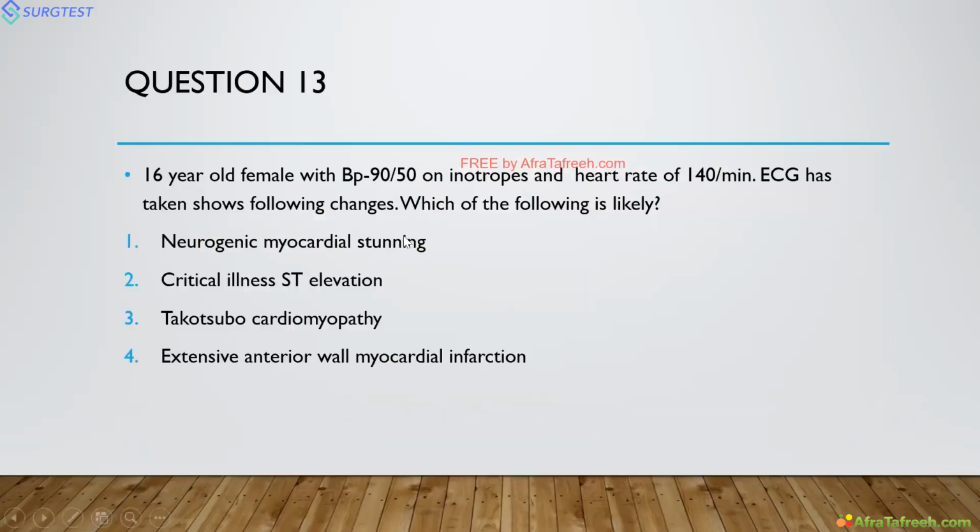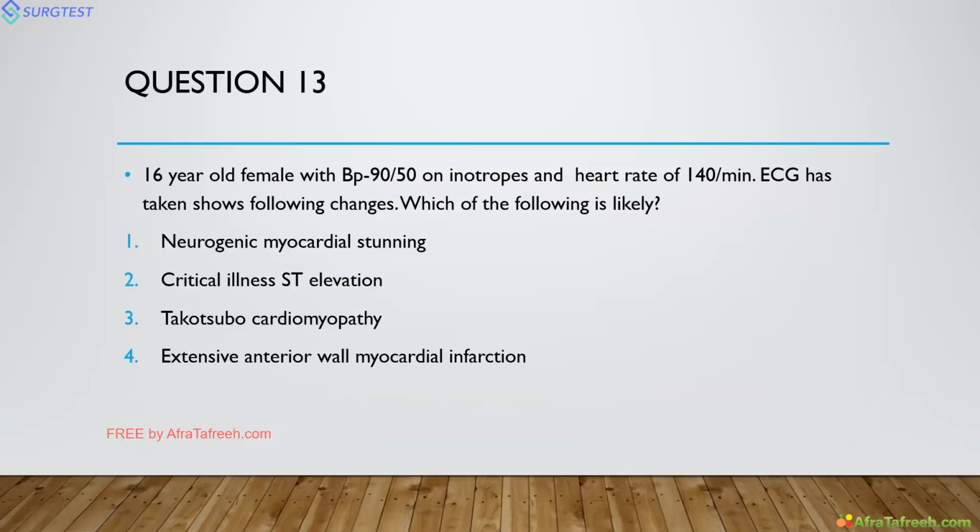Okay, a 16-year-old female with BP 90/40 on inotropes and heart rate of 140. An ECG is taken and shows the following changes. Which of the following is likely? I'll show you the ECG. Before that, the options are: neurogenic myocardial stunning, critical illness ST elevation, acute stress cardiomyopathy, extensive anterior wall MI.